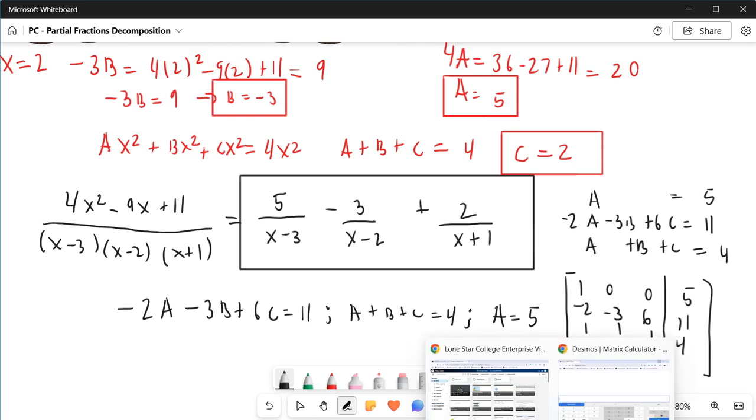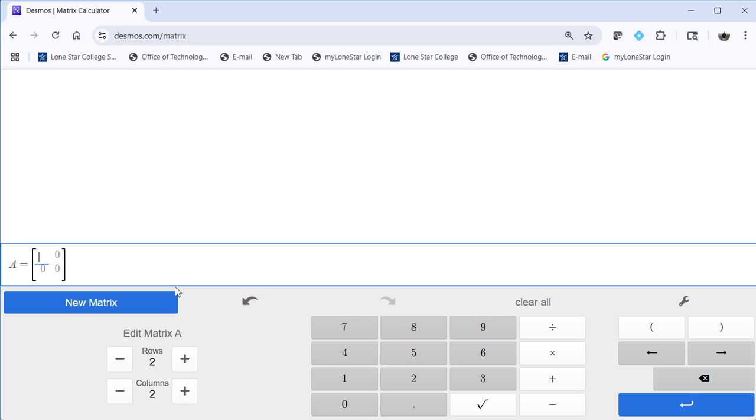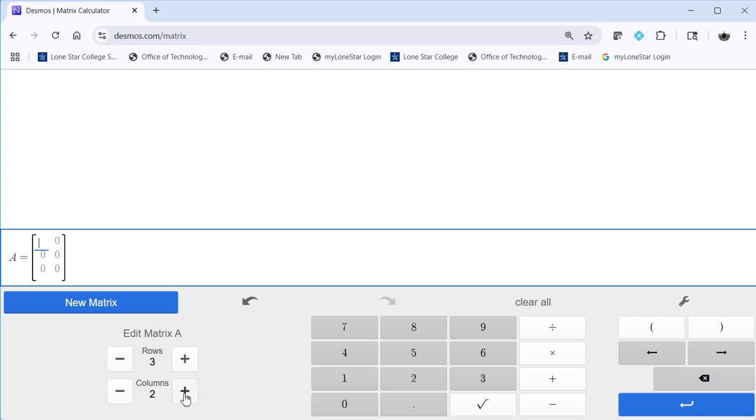So just to demonstrate, what do we mean by that? Well, you could always just input this as a new matrix, and you have to tell it that you want 4 columns. And of course, you know that one of these rows is 1, 0, 0, and then 5. And then you have 1, 1, 1, and that's going to be 4.